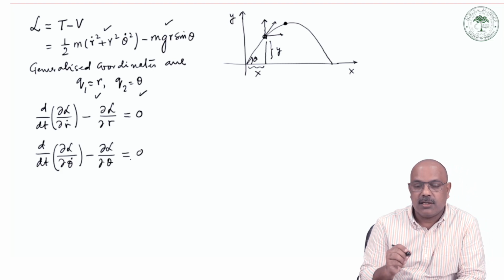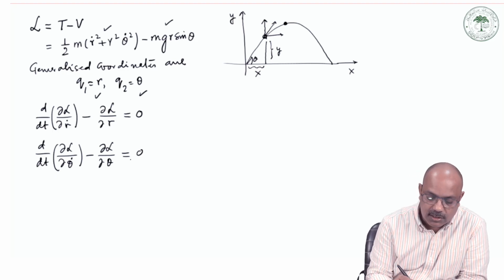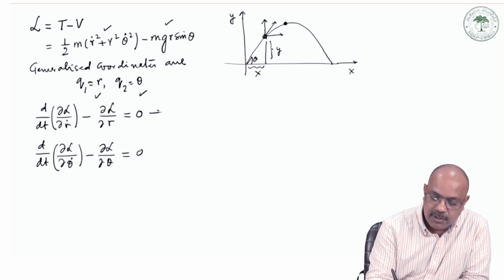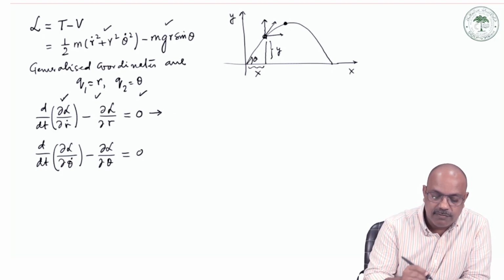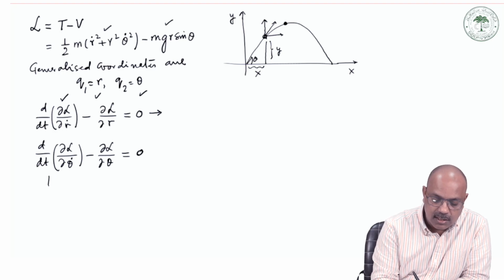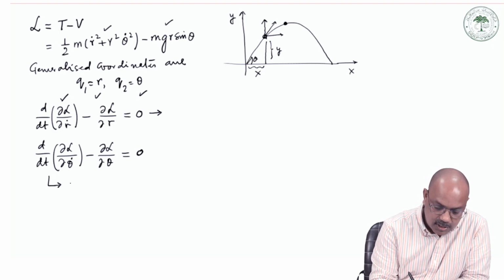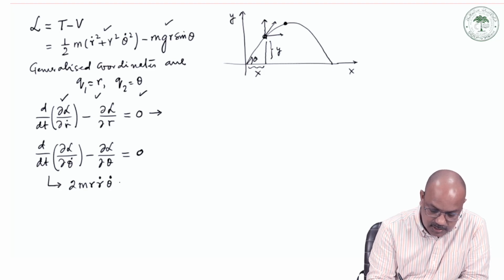So we have calculated these two Lagrange equations of motion. I figured out in the last lecture that I made some mistake in the equation of motion while putting the value of del L by del r dot, but the theta equation was okay. The Lagrange equation corresponding to theta was twice m r r dot theta dot plus m r square theta double dot plus m g r cos theta equal to 0.